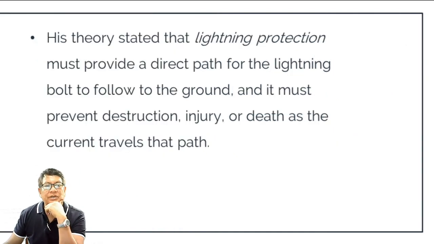His theory stated that lightning protection must provide a direct path for the lightning bolt to follow to the ground, and it must prevent destruction, injury, or death as the current travels that path.